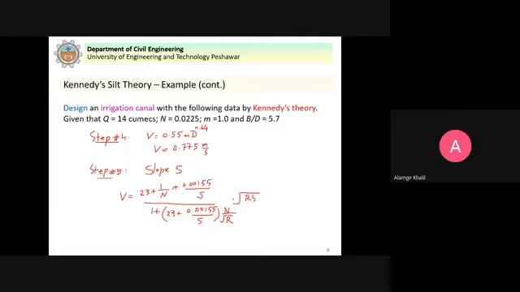Now in this case you can see that the only unknown is S in the numerator and in the denominator.